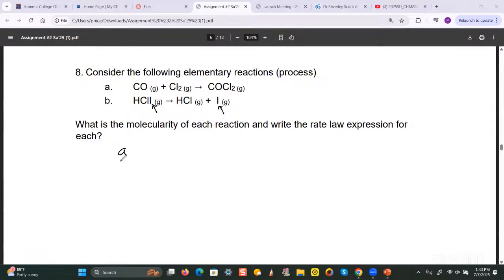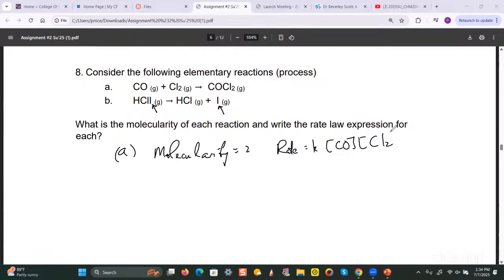So for A, what's the molecularity? Remember, the molecularity is the number of molecules involved as reactants in the elementary step. For A, the molecularity is 2. Exactly. And what would be the rate law? Rate is equal to K times the concentration of CO times the concentration of CO2. Exactly.